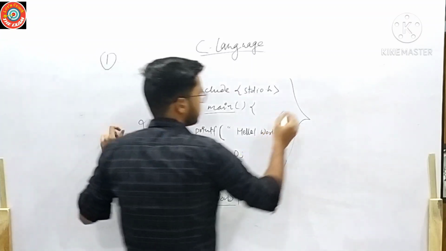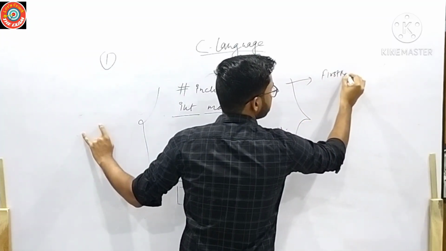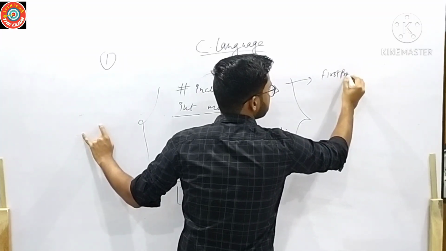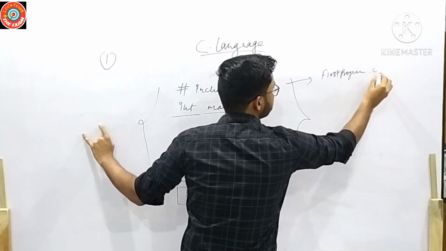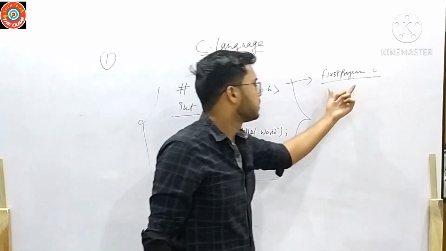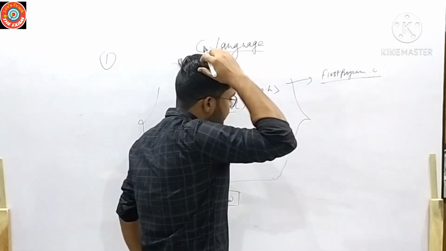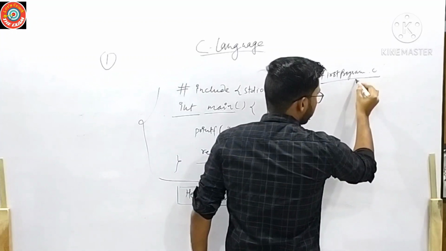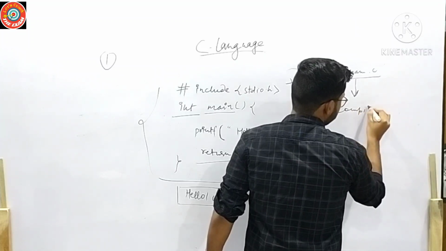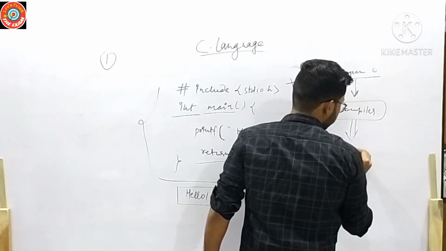If we save this program by the name first program .c file, then when we execute this file, the compiler will change it into an .exe file.